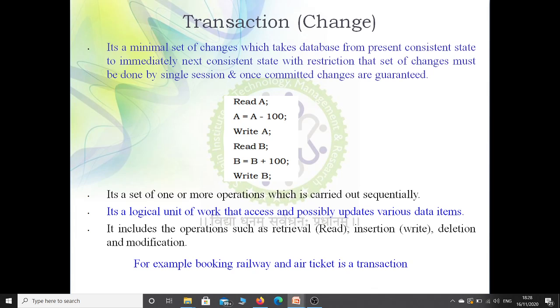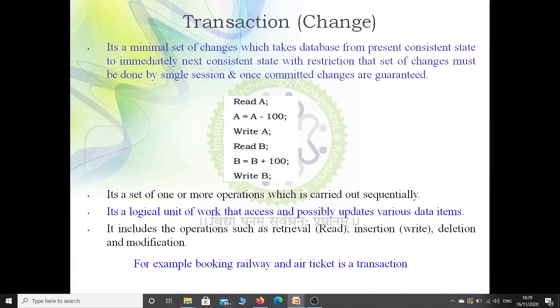A transaction is not only related to a bank, but other domains also have transactions. Here is one simple example: booking a railway ticket or an air ticket is also considered a transaction. In your library system, if you are issuing a book, that is also a transaction. If you are returning a book or renewing a book, that is also a transaction. So what does a transaction mean? A change.